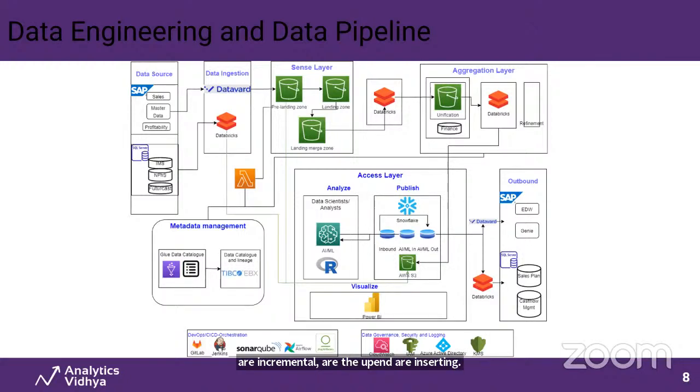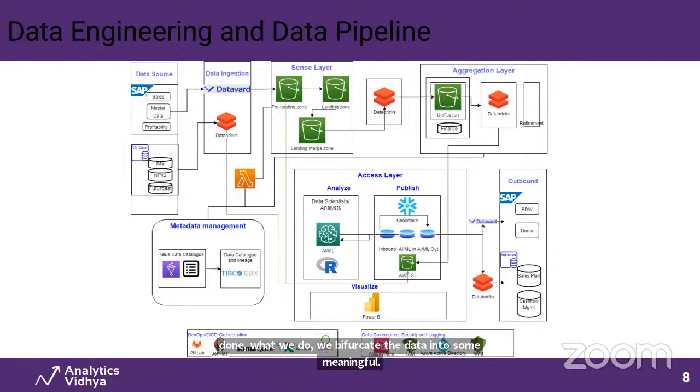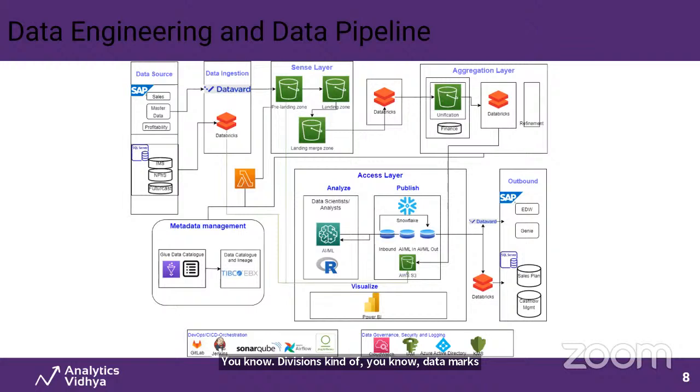Once this is done, we bifurcate the data into some meaningful divisions, kind of data marts, we can say. If you know the data warehousing concepts, data marts are a subset of the data warehouse.